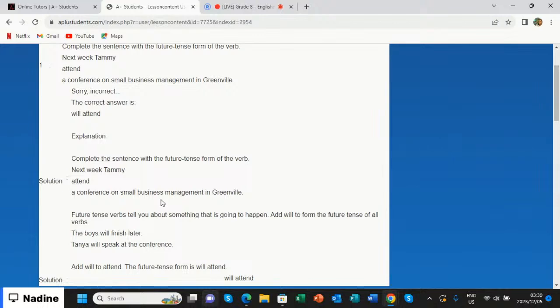And then in the future tense, right? The future tense verb tells you about something that is going to happen. It did not happen yet. It's not happening now, but it's going to happen.